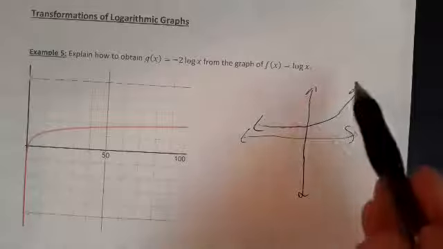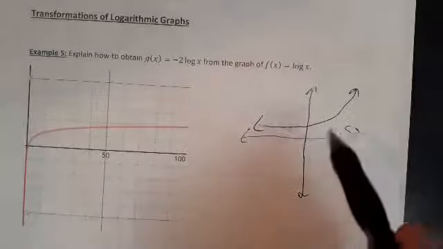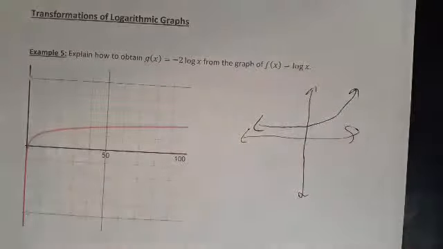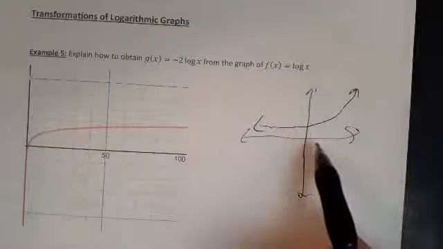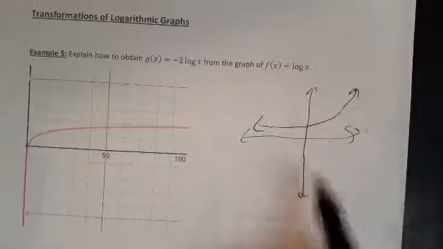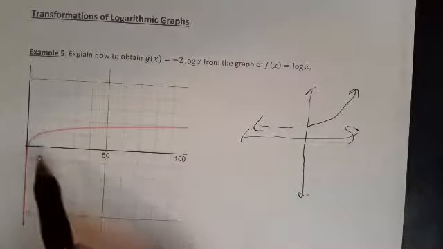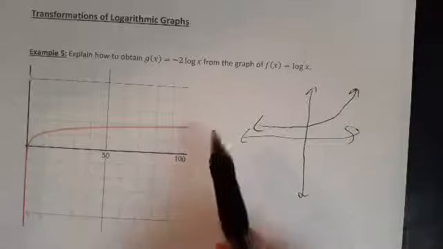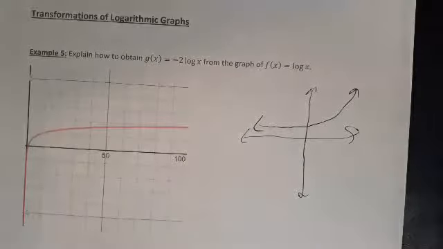Instead of picking up really quick, it's going to pick up really slow. In this one, a small change in the x was a large change in the y. So here, a large change in the x is going to be a very small change in your y. It's a very, very slow growth.